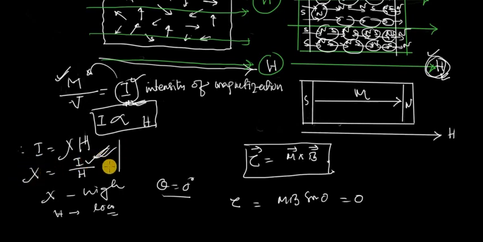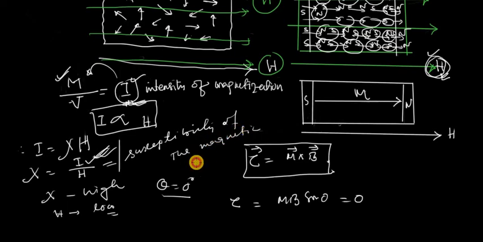Chi is equal to I by H, and it is called the susceptibility of the magnetic material.